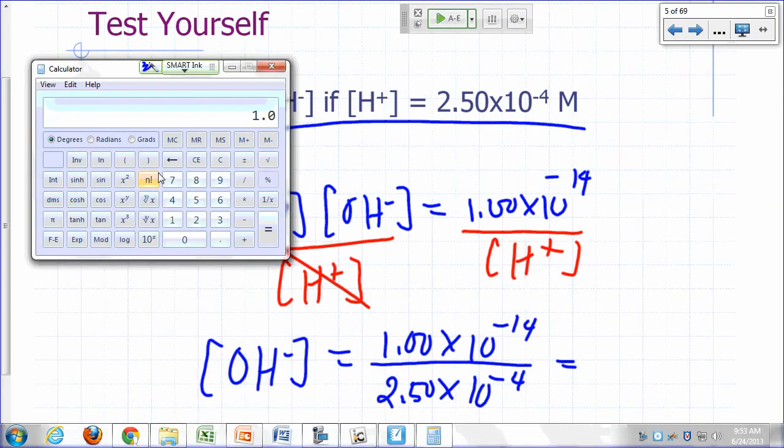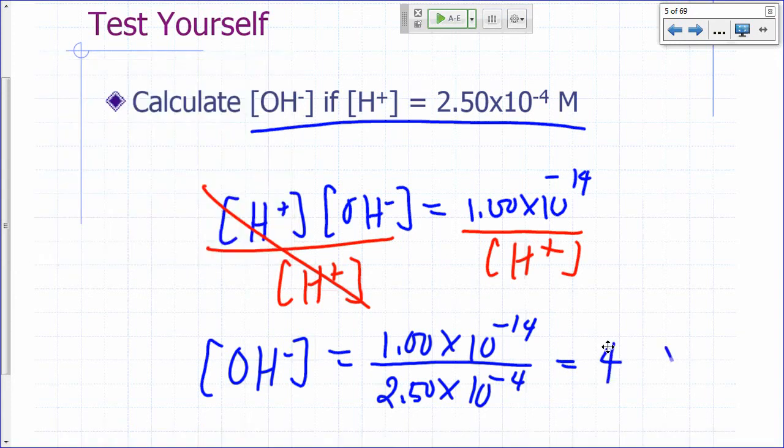Make that scientific notation. That's 4 times 10 to the negative 11.